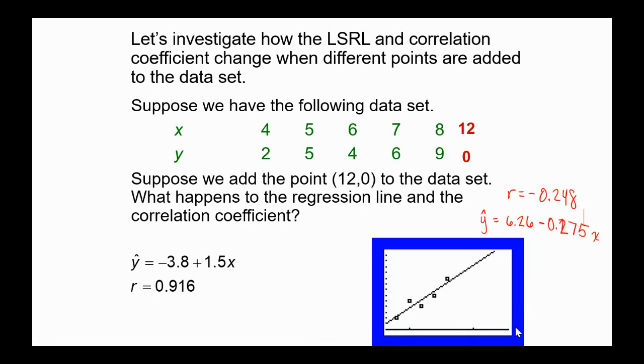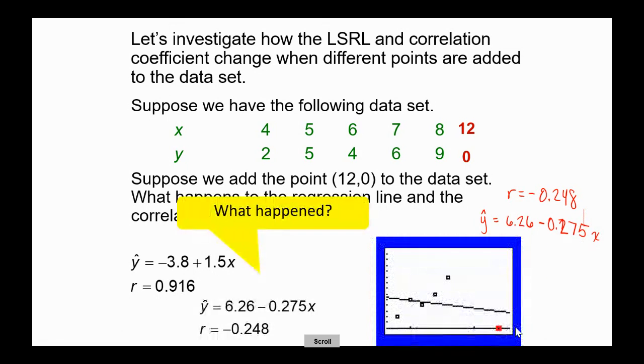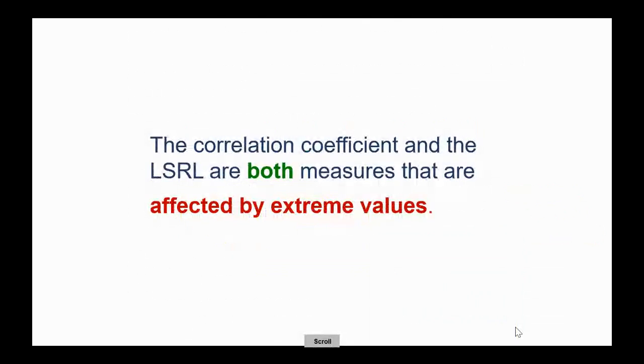There's the original, boom, it jerks it downwards. So what this exercise shows is that the correlation coefficient and the least squares regression line are both measures that are affected by extreme values. So that's the last blank for this section, extreme values.